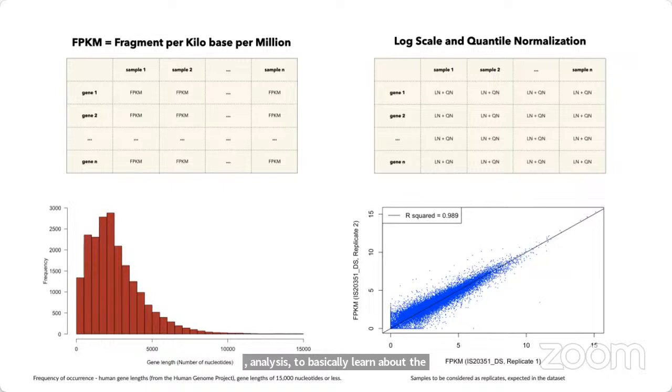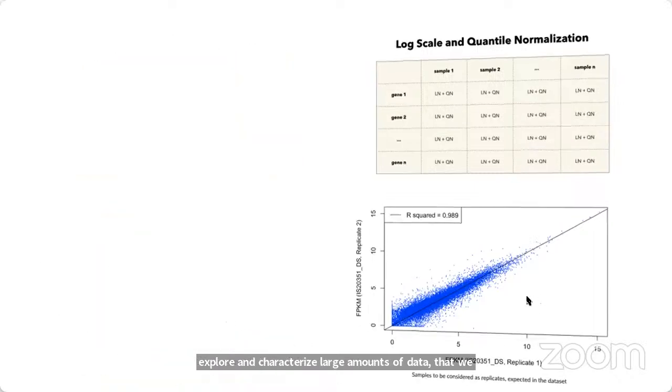We can, for example, plot histograms to understand data frequency. We can perform scatter plots to understand data correlation between samples. And there are many more different ways to explore and characterize the large amounts of data that we usually have in data analysis.